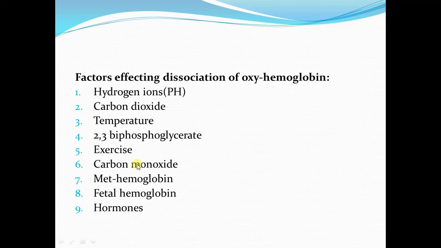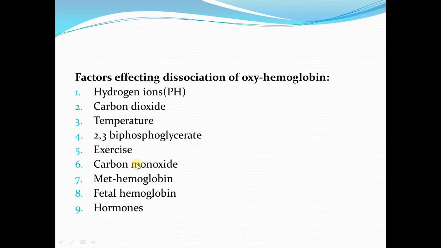It is not normally present in the atmosphere or in the environment. When we study it in detail, we will see which conditions are associated with increased carbon monoxide formation. Here we will just learn the effect of carbon monoxide on the oxygen hemoglobin dissociation curve.